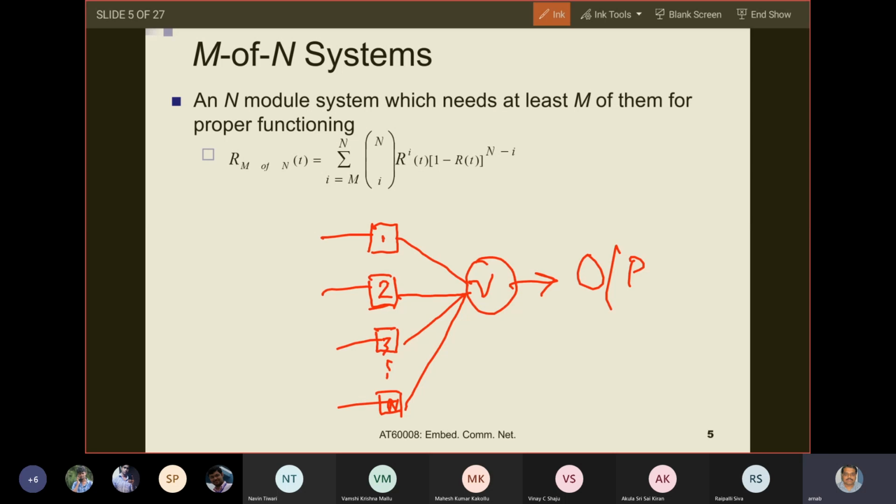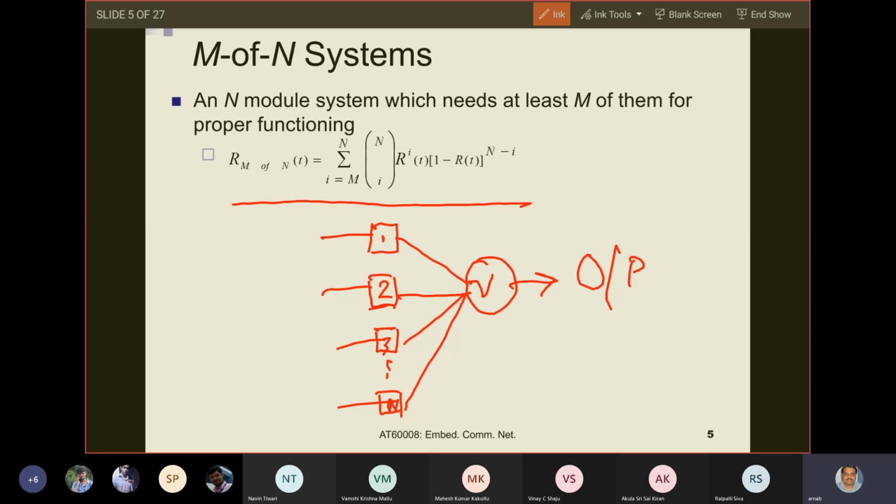So now, how do you determine the reliability? See, the reliability is determined through an equation like this. What does it say? It says what is the effective reliability. The system works correctly when all the n components work correctly. The system works correctly if n minus one of the components work correctly and one of them is not working correctly.